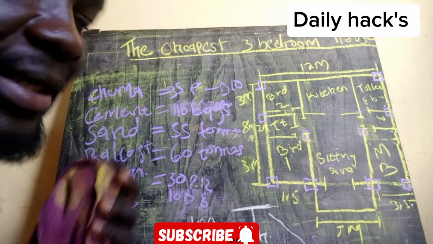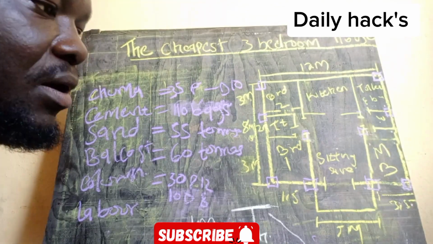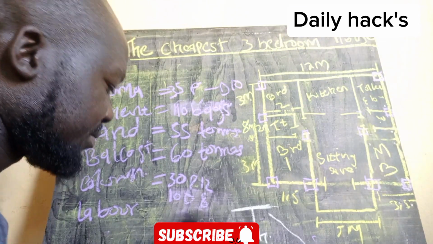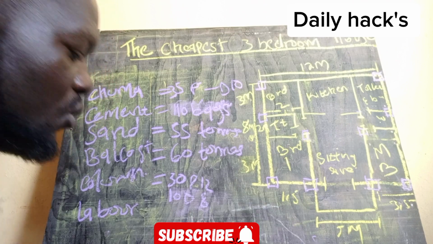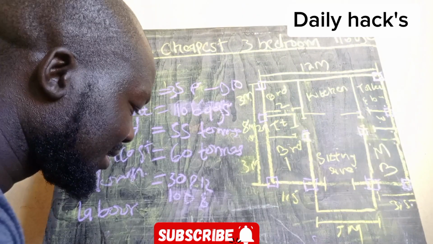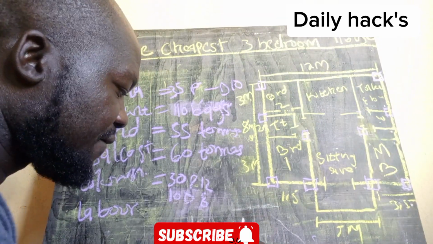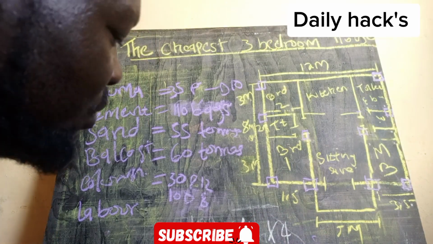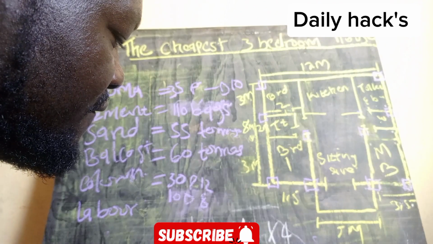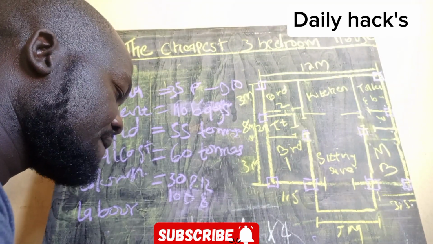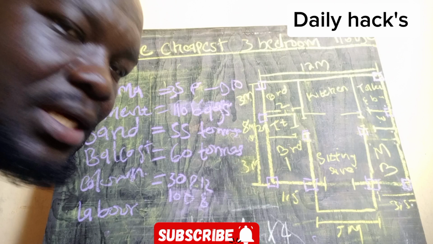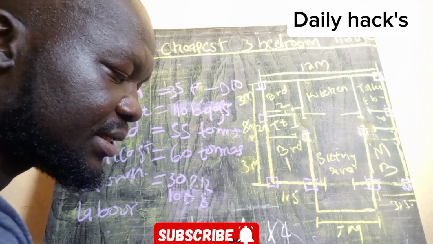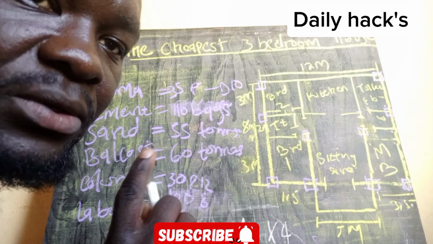So for you to get the total cost of the foundation stones, you will do 260 feet by 4 courses. This will give you 1040 feet of foundation stones.